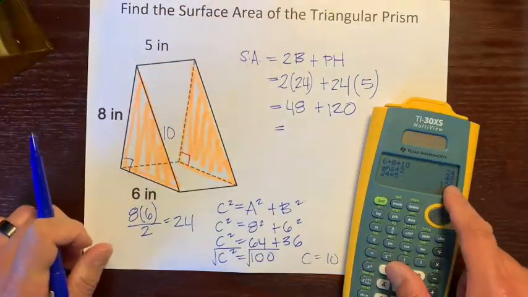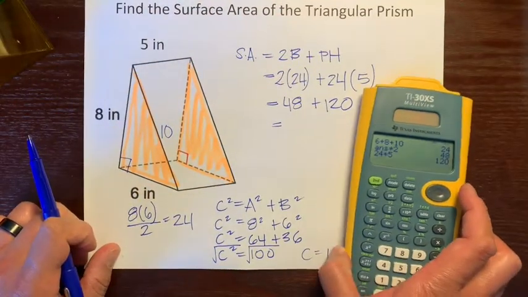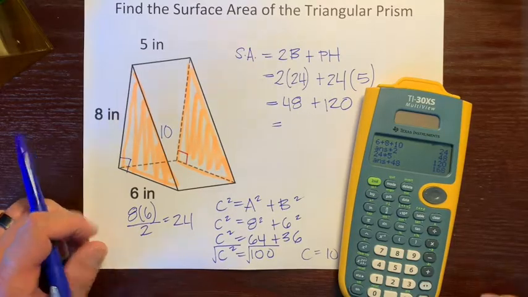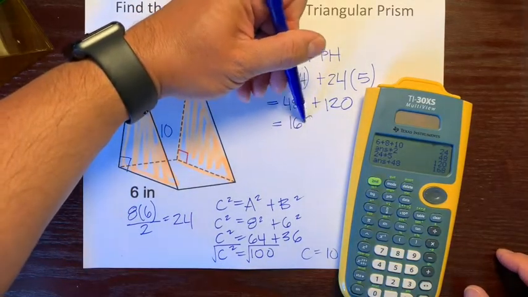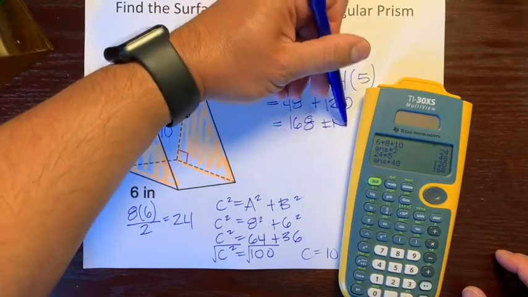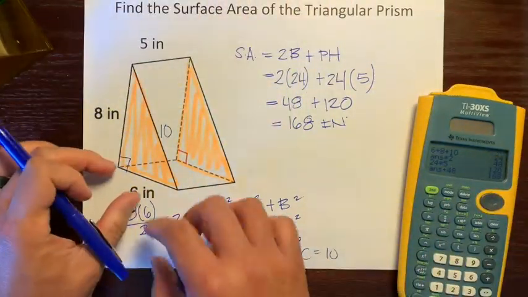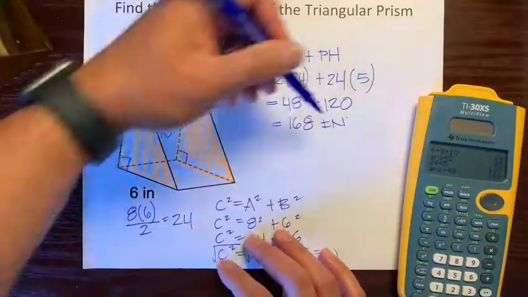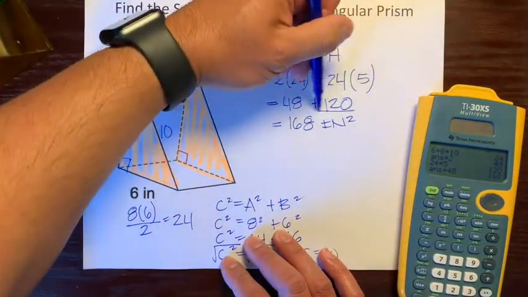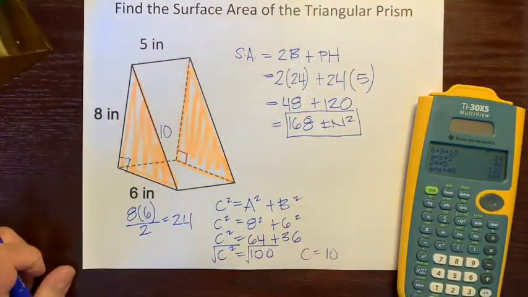The sum of 120 plus 48 is 168 inches. And don't forget, it's how many squares fit on the surface, so inches squared. And there's your final answer. Good job.